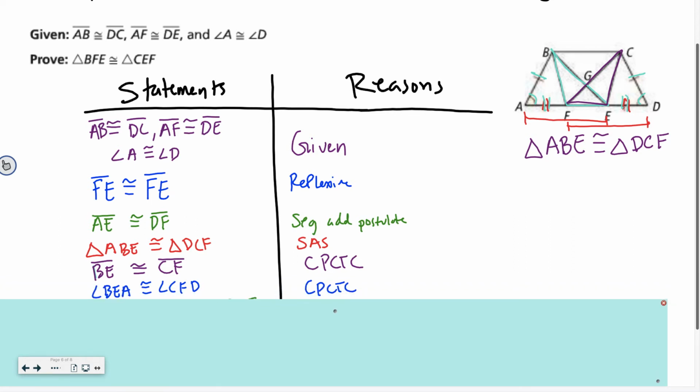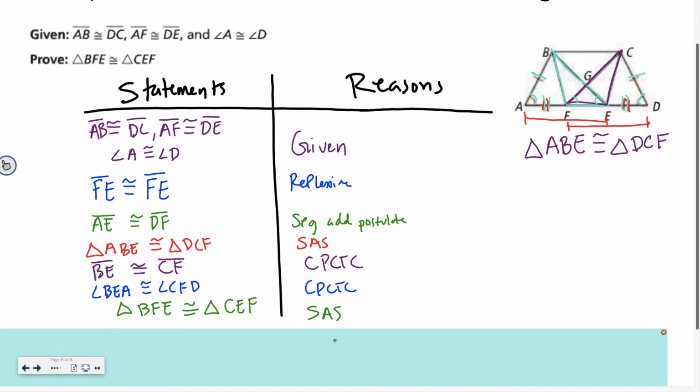And I can also say I have two congruent side lengths. I also have two congruent angles. So angle BEA would also be congruent to angle CFE. So I now have a congruent side and a congruent angle. So corresponding parts of congruent triangles are congruent, CPCTC. And then remember, we had started out this proof by saying that FE was congruent to itself.